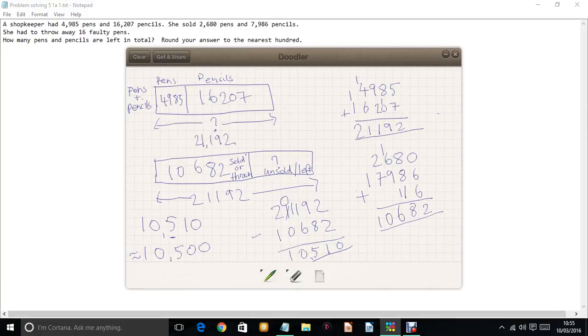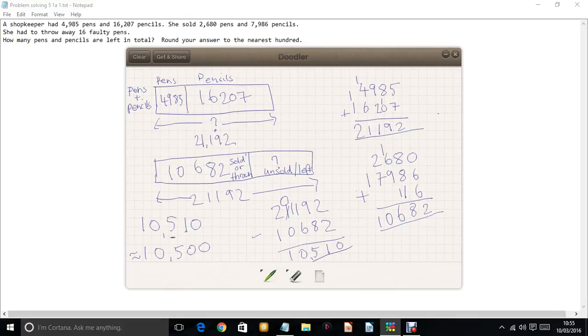What I like to do when I'm rounding is to underline the number that I'm rounding to. I'm rounding to the nearest hundred. This is the hundreds column here. I then look to the next number to the right to see if I need to round up or down. By round down, I mean leaving the number the same. If the number is 5 or more, I will round up.